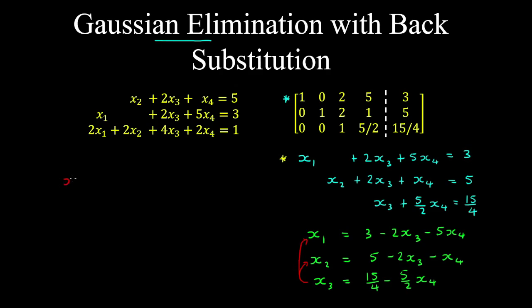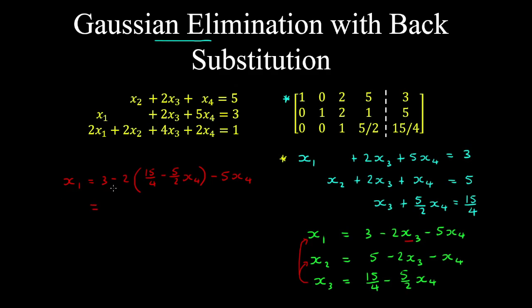So therefore x1 is equal to 3 minus 2 by x3, which is 15/4 minus 5/2 x4, minus 5x4.